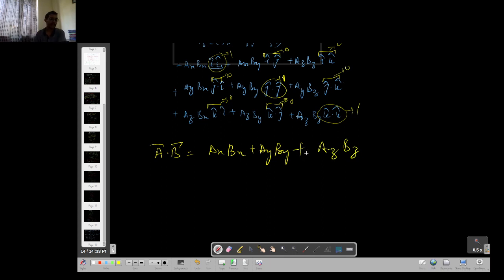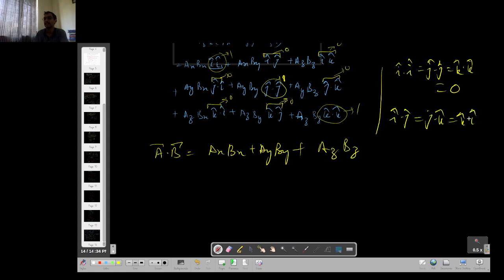So here I have used the concept that i dot i is equal to 1, or I can say that it is j dot j, it is also equal to k dot k, and its value will always be 1, because the angle between similar vectors will be 0. Similarly, i dot j, j dot k and k dot i, the angle between them is 90 degrees, so it's 0.